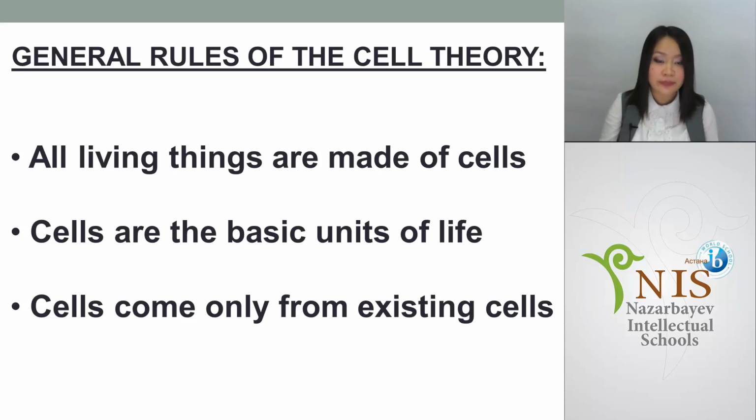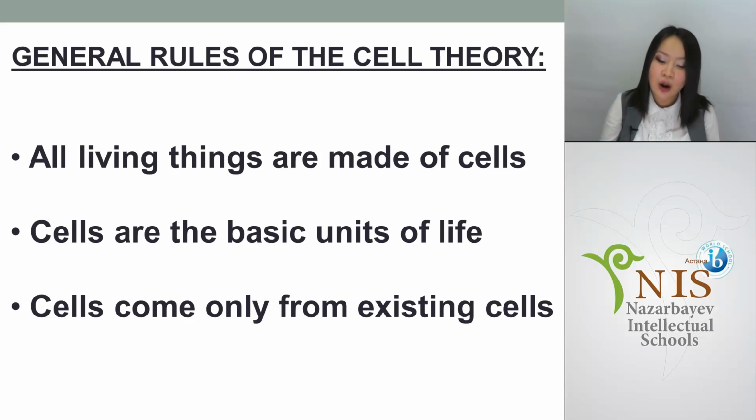It seems very simple, but in fact it is very important. Why? Because before the discovery of the cell, of the microscope, people didn't know that living things are made of cells.